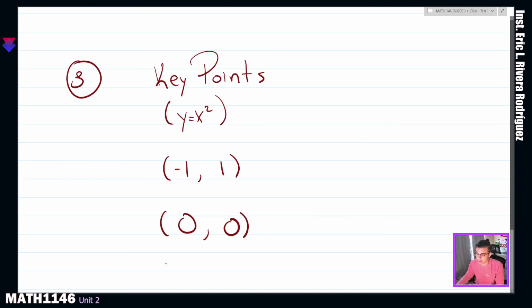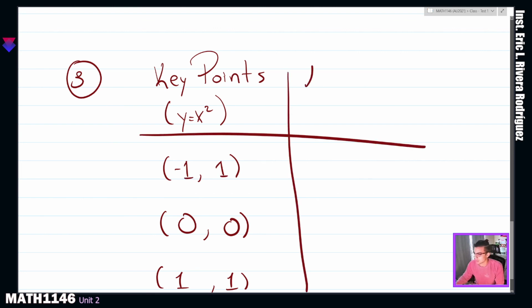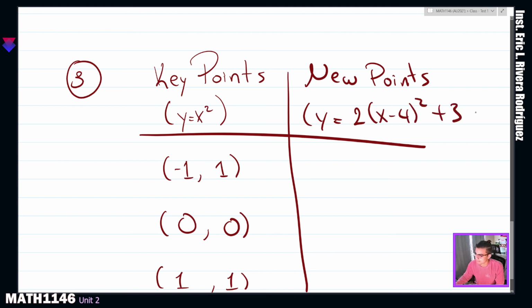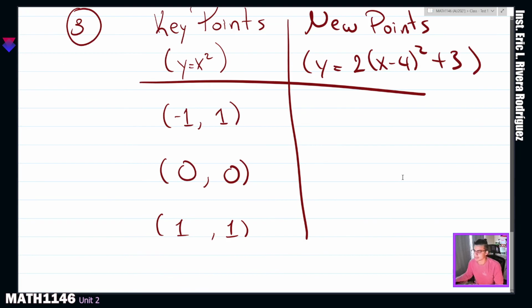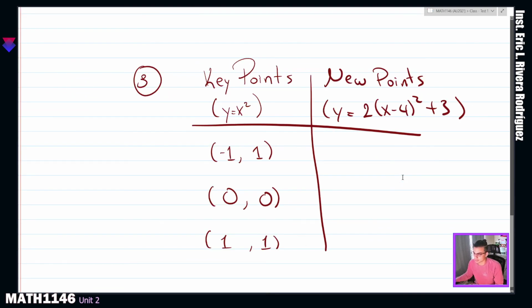That's why you are going to use the guided notes. New points belong to that equation.